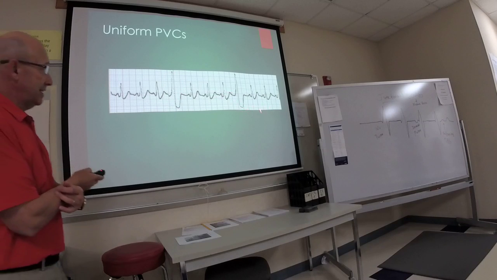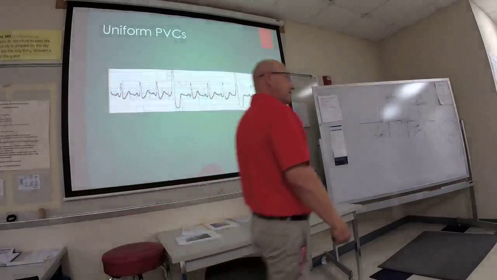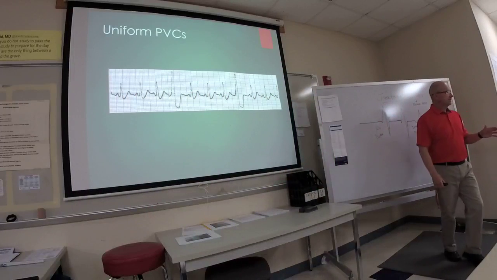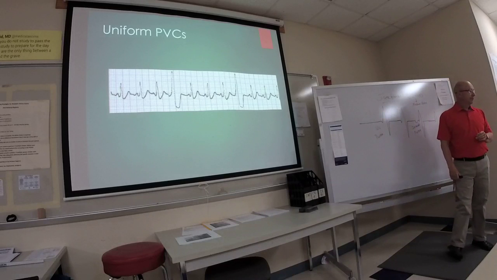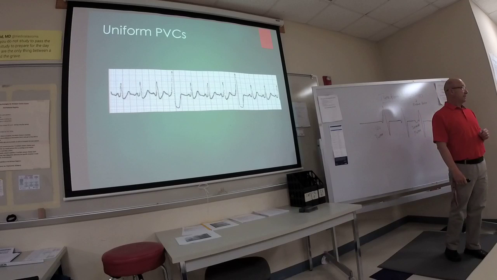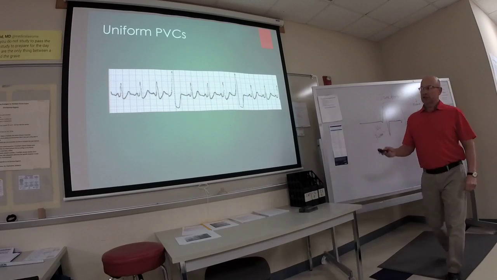If this is perfusing, and you have 2 every 6 seconds, how many is that per minute? 20. 20 perfusing PVCs, maybe not a problem. 20 non-perfusing PVCs could be a problem.